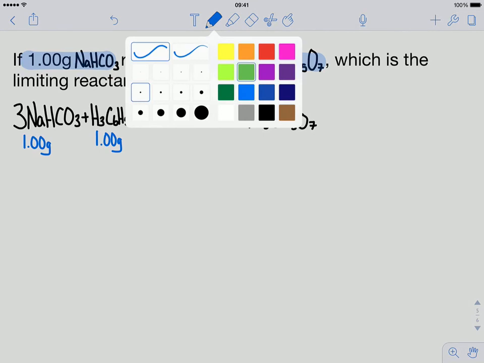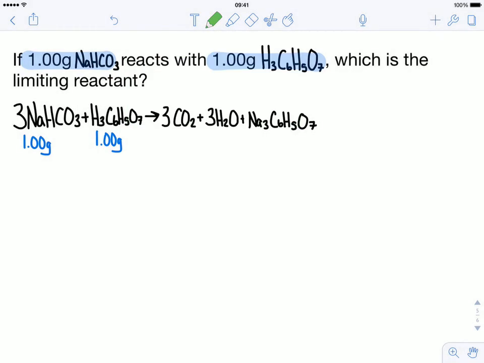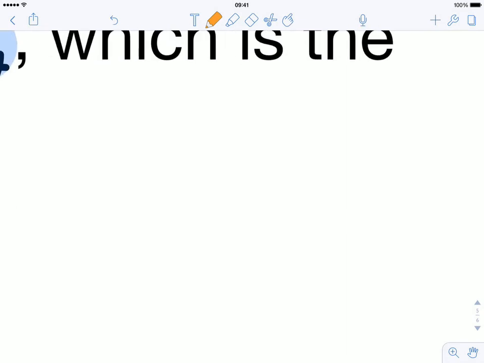So since I'm picking water, my question then becomes 1 gram of sodium bicarbonate can produce how many moles of water? And likewise, 1 gram of citric acid can produce how many moles of water? So since those are the goals that I'm trying to do, I'm going to come over here and just write a little flow chart so I know the steps that I have to take.